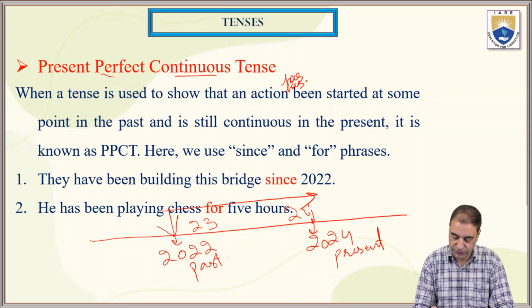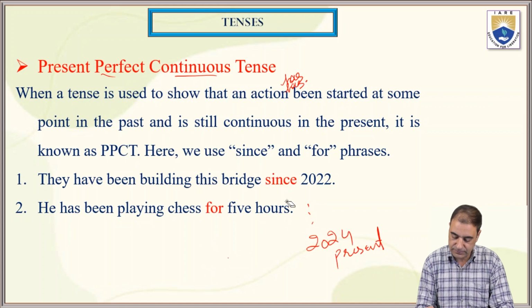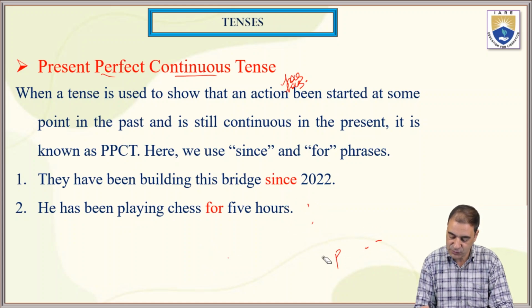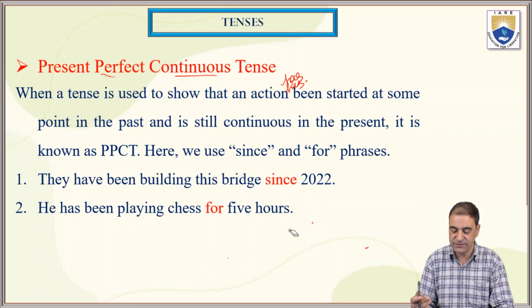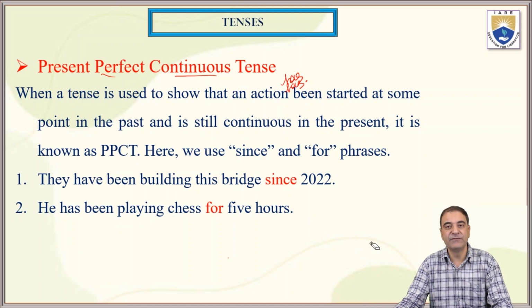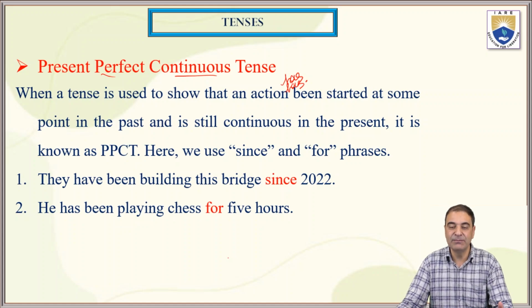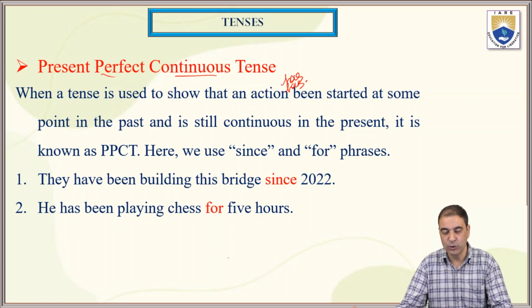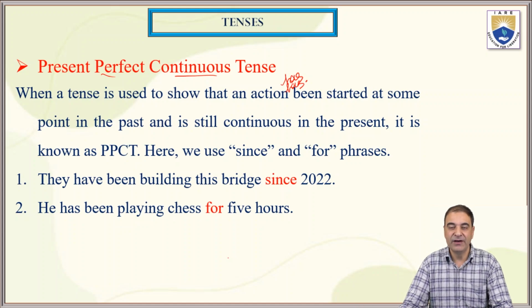Again, I want to write one more example so as to make you understand this one. Now see. What's this present perfect continuous tense? When an action started at some point in the past and is still continuous in the present, we call it present perfect continuous tense. Now the question arises, what is perfect in this tense?